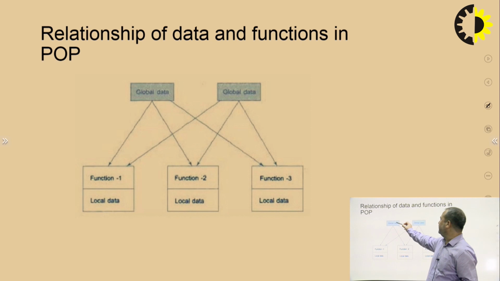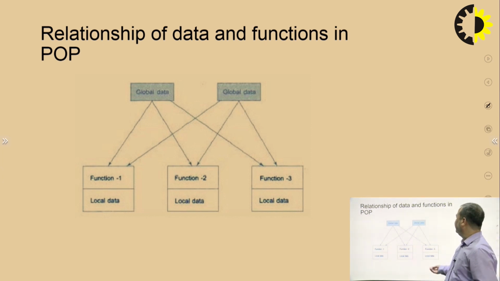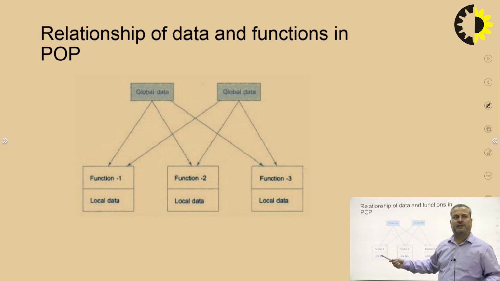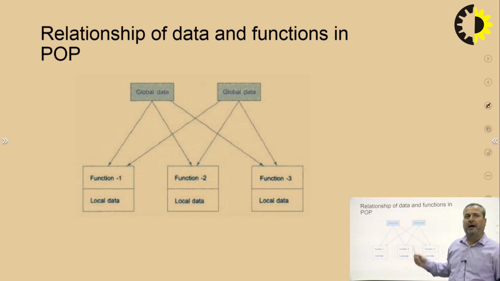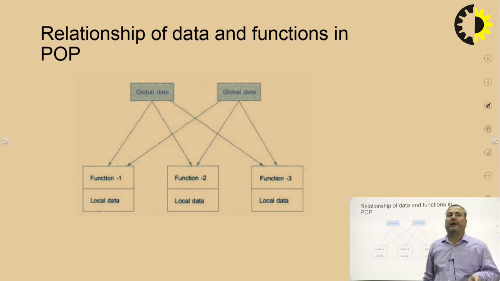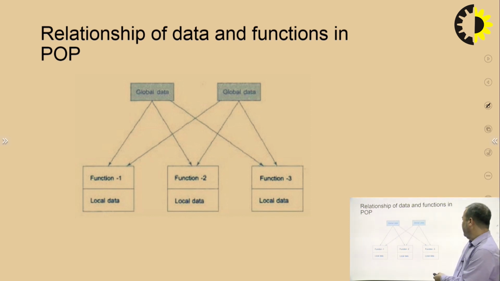Suppose these all are the global data. We can see the global data flows through the whole set of functions. Like this function, this data could be used by all functions, and like this. So of course the data is not hidden. Data is not secure in procedure oriented programming, and that is the key reason behind developing object oriented programming, right?